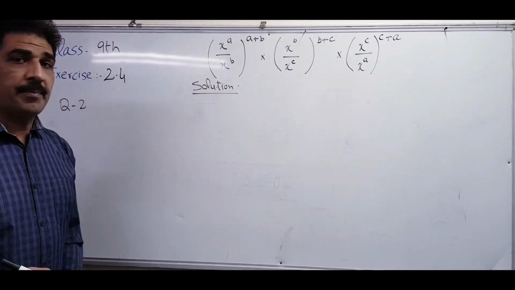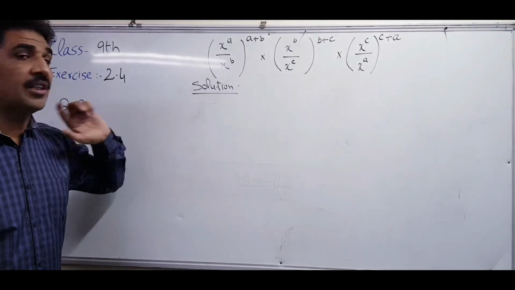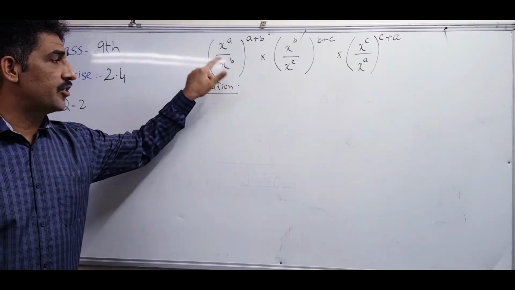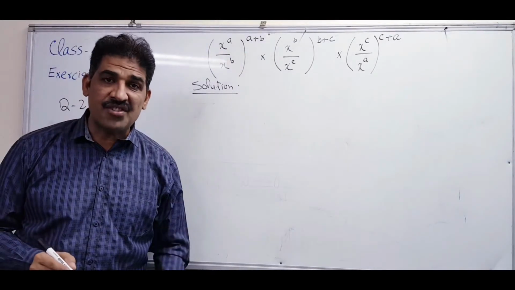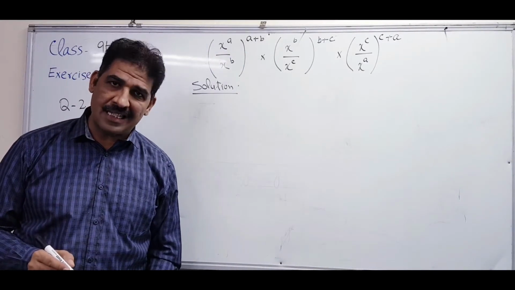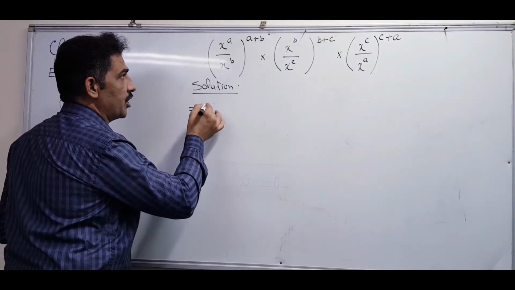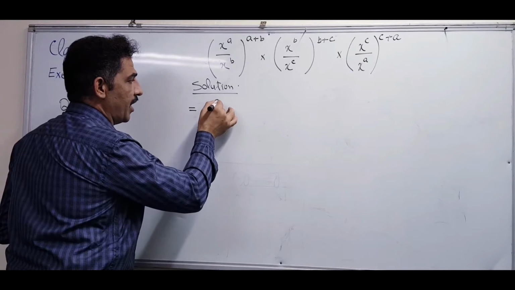The first step, as I told you before in the rules of the exponents: if any denominator shifts to the numerator, what changes in its power? The sign changes. Good. So first use the equal sign, x exponent a.